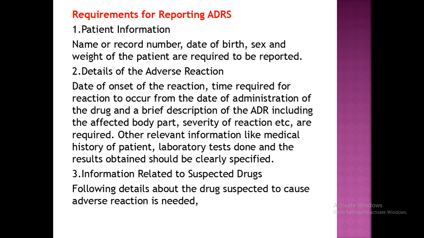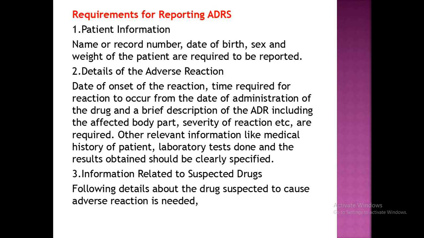Requirements for reporting ADRs. So what information is required for reporting an ADR? First is patient information: name or record number, that is IP or OP number of the patient, date of birth, sex and weight of the patient are required to be reported.